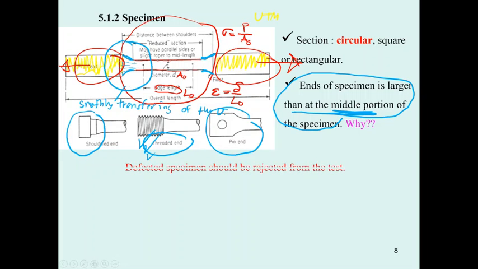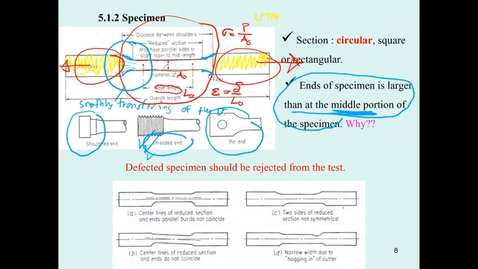Okay, and when you have the specimen, you have to take a good look at it. Does it have some defect or not? Because a defective specimen will provide low mechanical properties. For example, the first one: the center line of the reduced section and the center line of the end do not coincide.